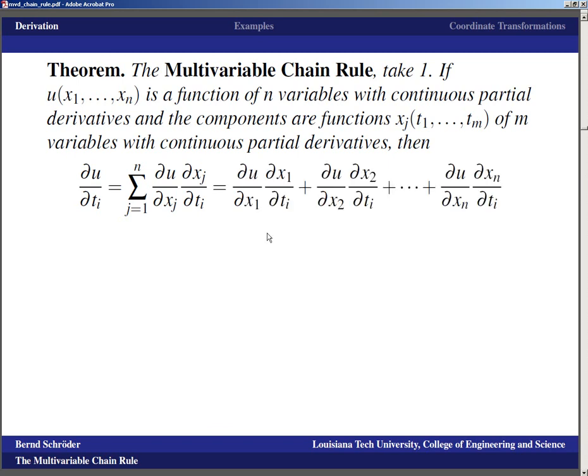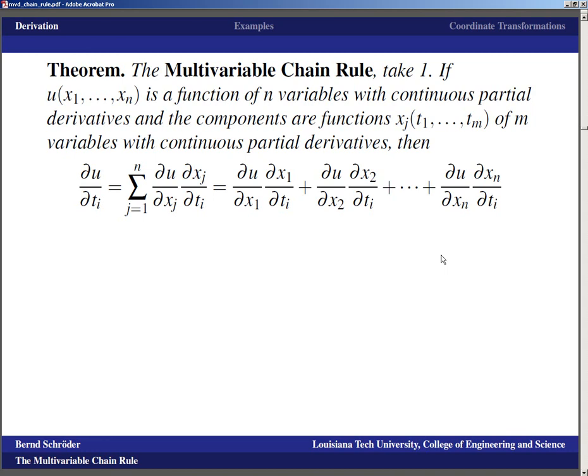If you don't like summation notation, of course, it can also be written as partial u with respect to x1 times partial x1 with respect to ti, plus partial u with respect to x2, partial x2 with respect to ti, plus and so on, all the way to partial u with respect to xn times partial of xn with respect to ti. Okay, so this is a formula. It is a large formula, but it is something that you definitely want to memorize.